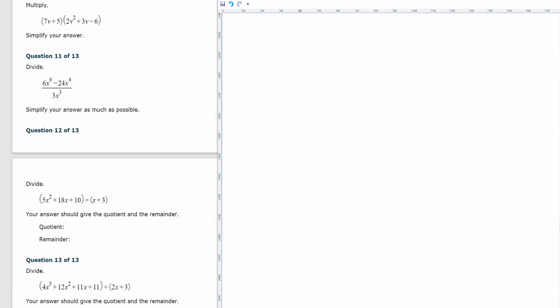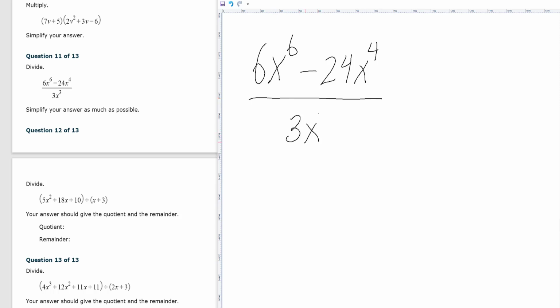Number 11. Divide 6x to the 6th minus 24x to the 4th by 3x to the 3rd. So be careful here. The thing you have to recognize is that the 3x cubed belongs to both terms in the numerator.